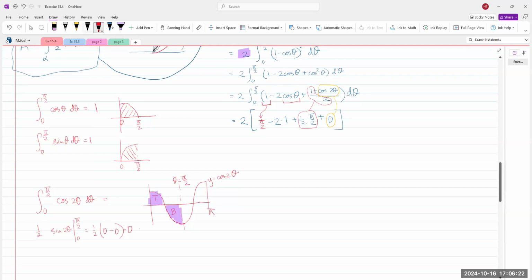Now, I basically taught you sideways here, but if you know this fact, you can do this computation a lot faster. So this is 2 times (pi over 2 plus pi over 4), that's 3 pi over 4, minus 2, which is equal to 3 pi over 2 minus 4.